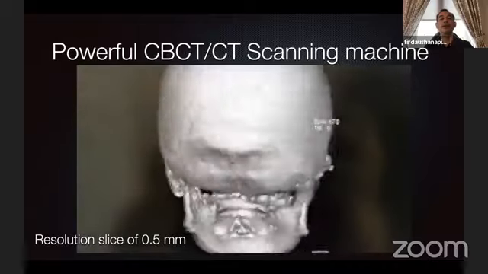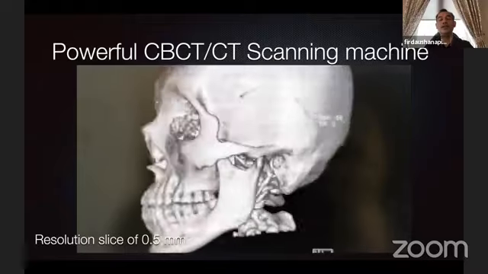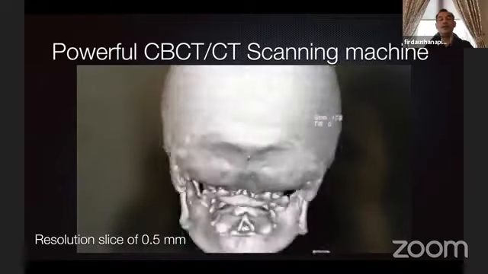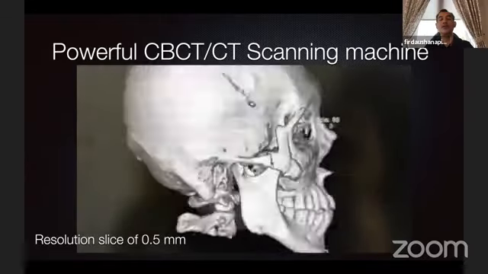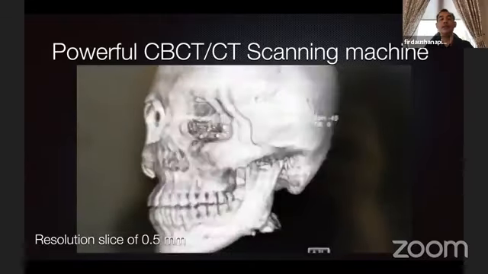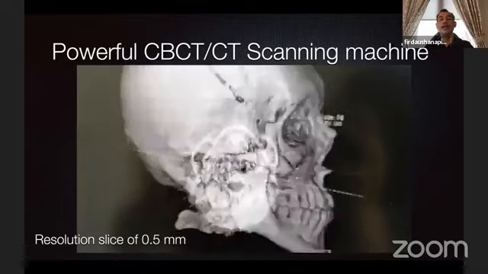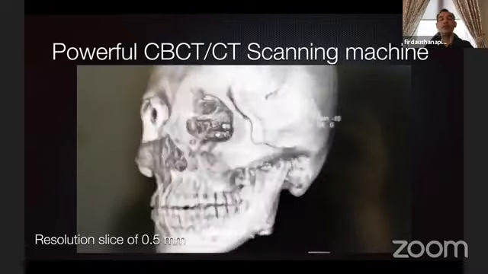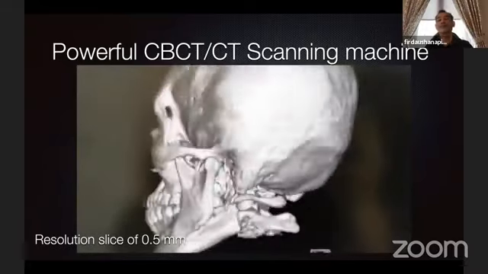So when we're talking about powerful CBCT scanning today, with the development of this CT scan, we can have a resolution slice of 0.5 millimeter. That is very high resolution, and we can use this as a CAD/CAM tool also to make sure that we get a good acquired result.